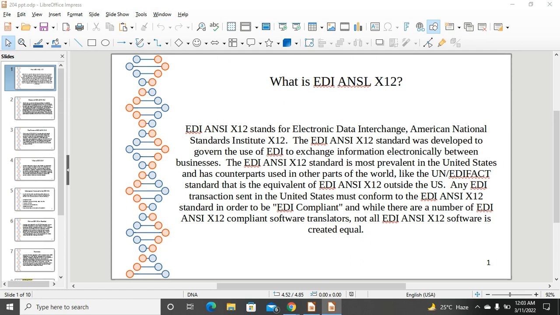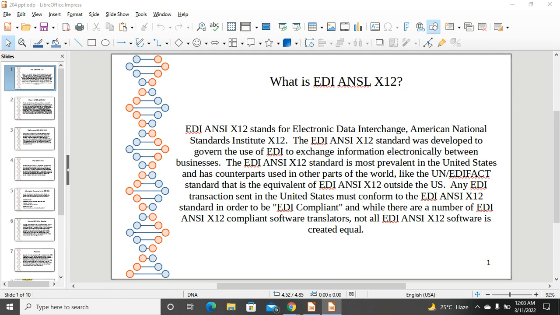The EDI ANSI X12 standard is most prevalent in the United States and has counterparts used in other parts of the world, like UN/EDIFACT standards, that are the equivalent of EDI ANSI X12 outside the US.